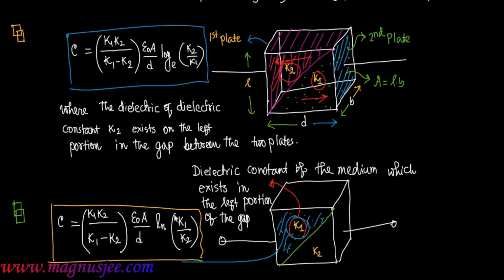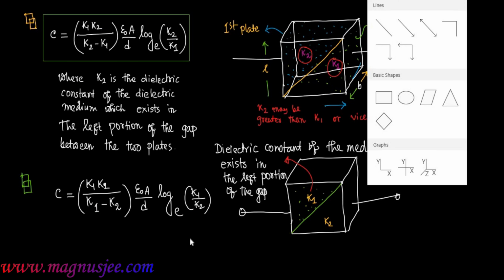Here this is the dielectric medium of dielectric constant K1, and in the denominator we should have K1 minus K2, and K1 by K2. K1 should be divided by K2 if K1 exists in the left portion of the gap. And similarly, if K2 exists in the left portion, in the denominator we should have K2 minus K1, and in the log function we should have K2 by K1.